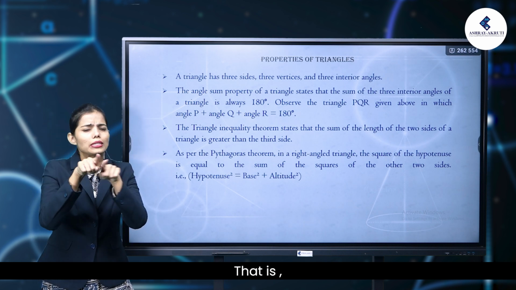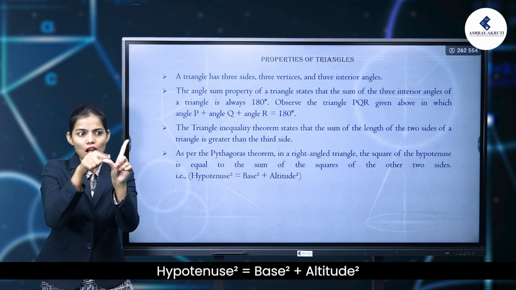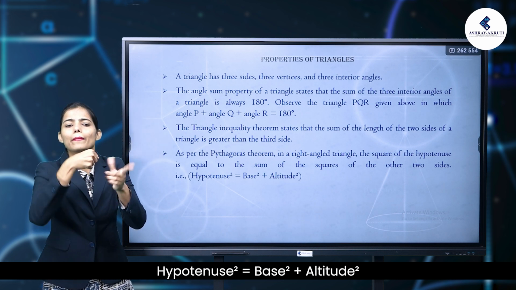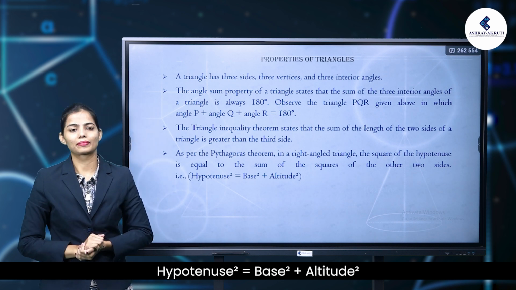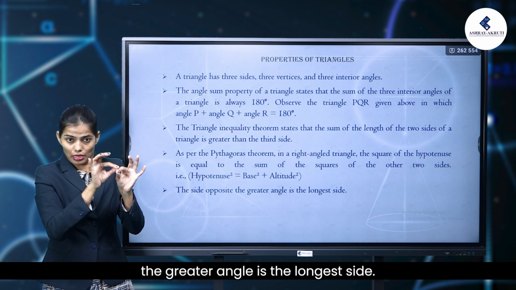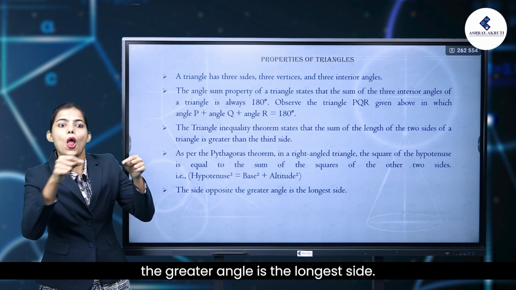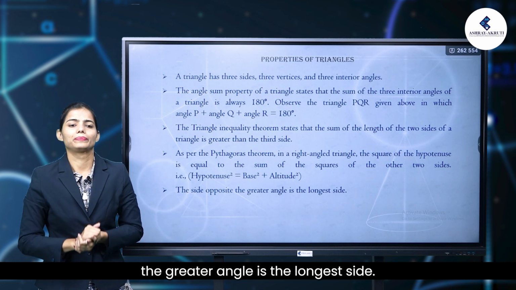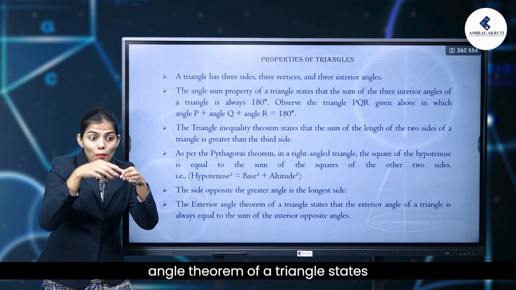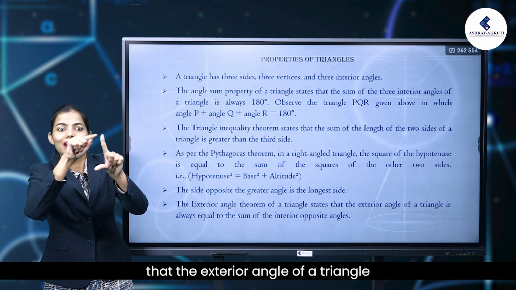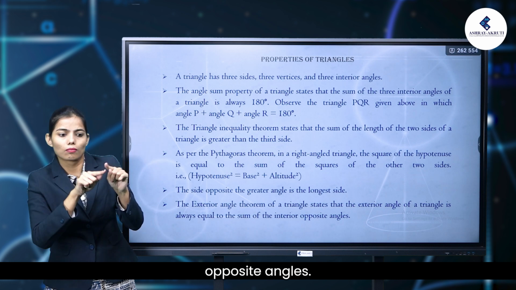That is, hypotenuse square is equal to base square plus altitude square. The side opposite the greater angle is the longest side. The exterior angle theorem of a triangle states that the exterior angle of a triangle is always equal to the sum of the interior opposite angles.